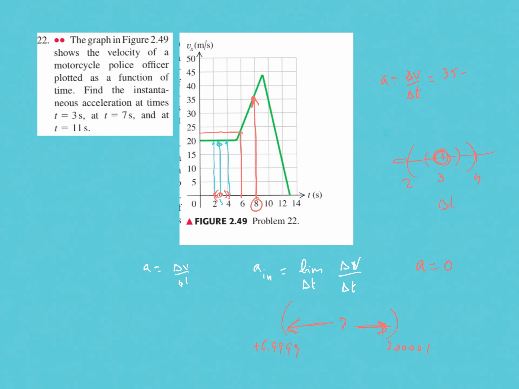So V final is 35 at t equals 8, minus 6, and at t equals 6 I see 22.5. So the average acceleration a will be 35 minus 22.5, that is 12.5, divided by 2, like 6.25 meters per second squared.